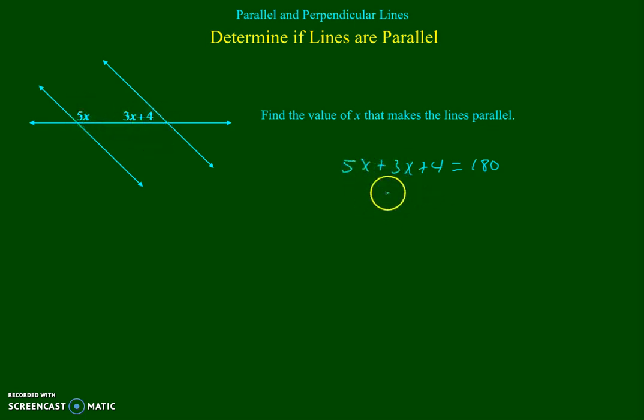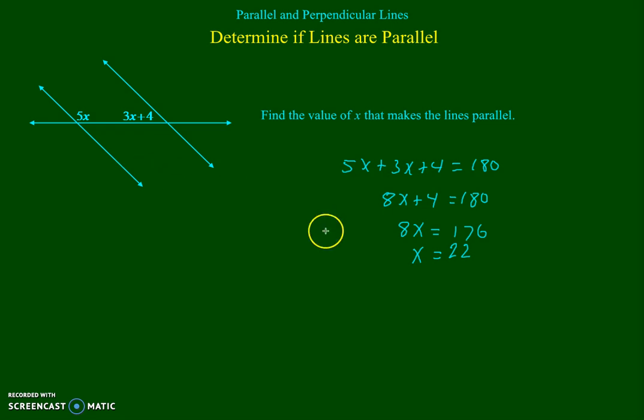So 5 plus 3 is 8x plus 4 equals 180. Subtract 4 from both sides. 8x equals 176. And we divide by 8, so x equals 22.